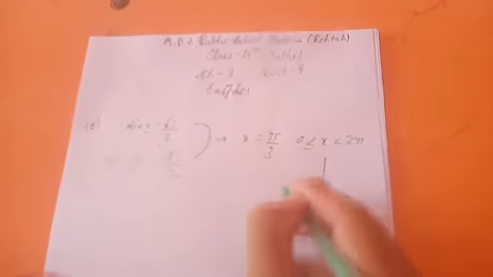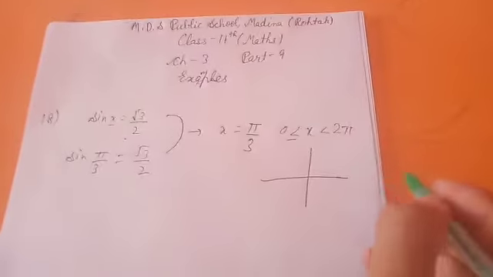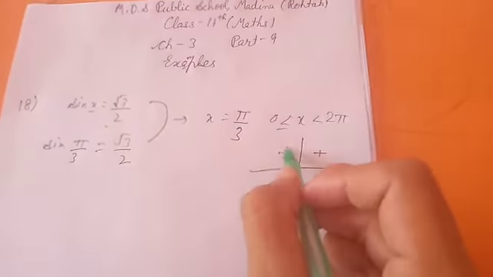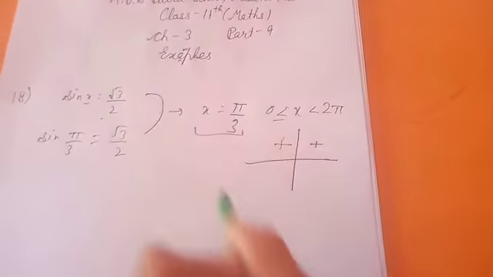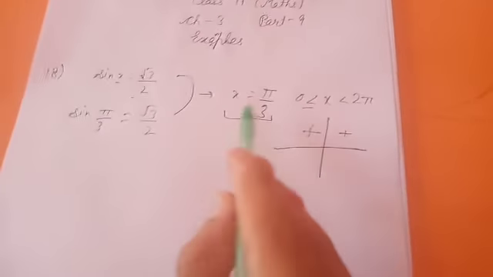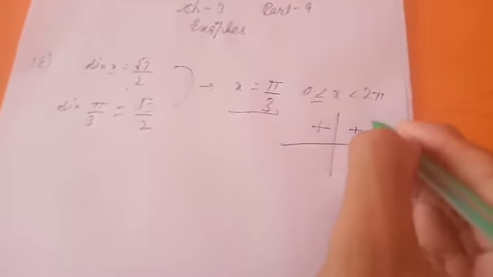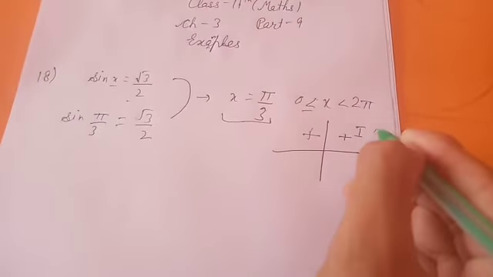Okay, first of all we draw this graph. Now sin is positive in which quadrants? Here and here. Now we have found one value of x, that is pi by 3. In which quadrant does this pi by 3 lie? This lies in first quadrant. Pi by 3 is here.